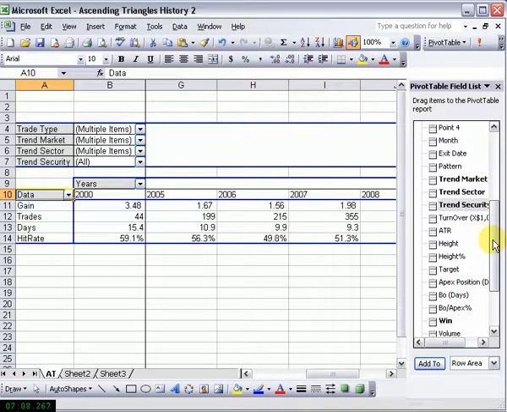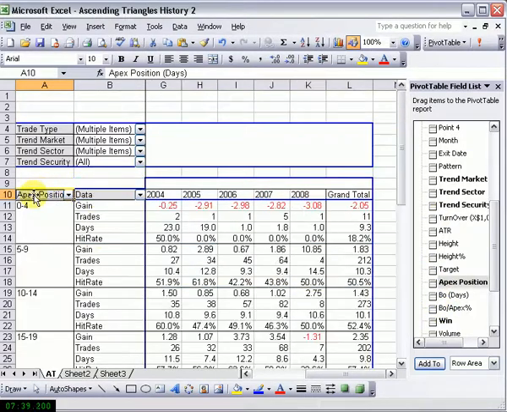In a similar way, we can look at other parameters, such as the height of the pattern, the length of the pattern, where it breaks out in the pattern, or the volume that's associated with that pattern. The turnover, there's a wide variety of data. So let's take a look at apex position. Apex position is the length of the pattern. How long is it?